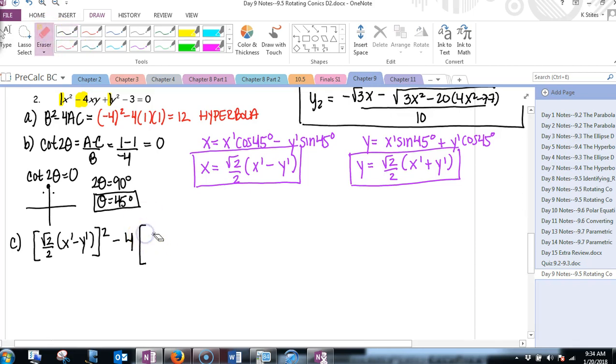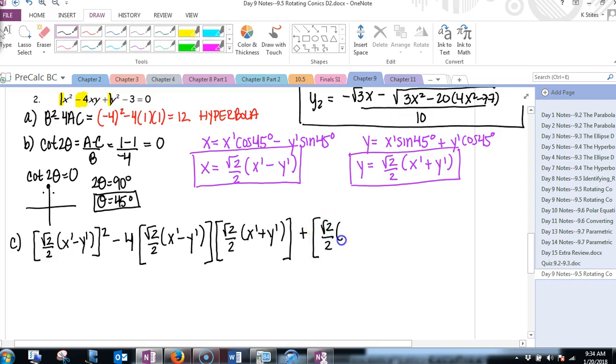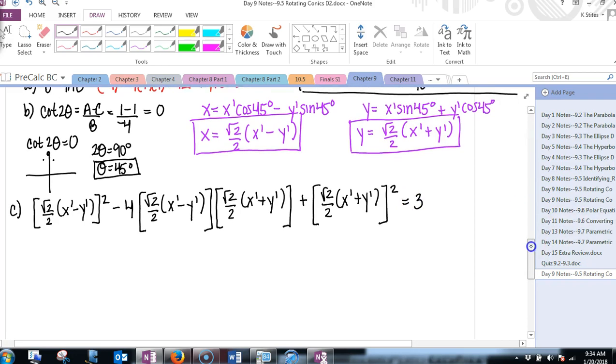I'll leave this. 4x, there's x and y. All right, there's 4xy plus y squared and add the 3 over. Okay, here we go.